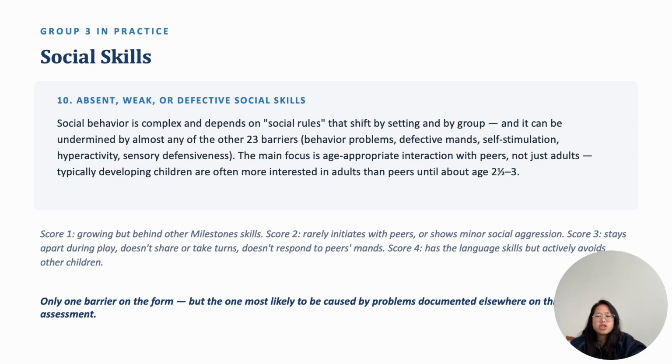And 4 means the child has the language skills to interact but actively avoids other children. So the takeaway for this group is it's only one barrier on the form, but it's the one most likely to be a downstream symptom of a problem documented elsewhere on this same assessment.